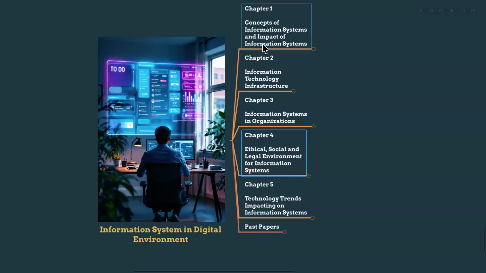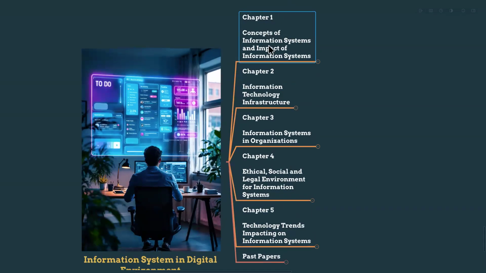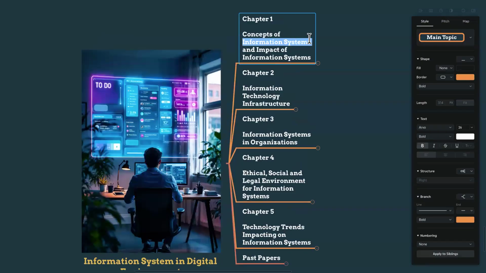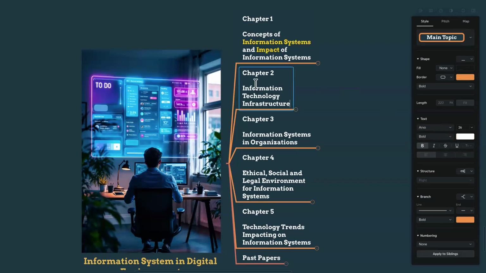And particularly in this ISD subject, information systems in the digital environment, you have 5 chapters. Chapter 1 is all about concepts of information systems and the impact of information systems, right? So I will introduce you to the concepts of information systems. What is an information system and what impact has it created in modern business?